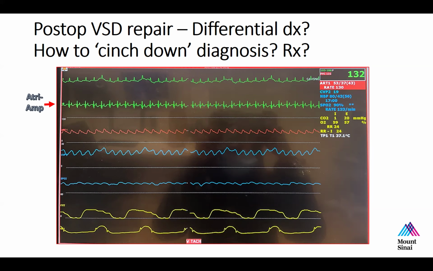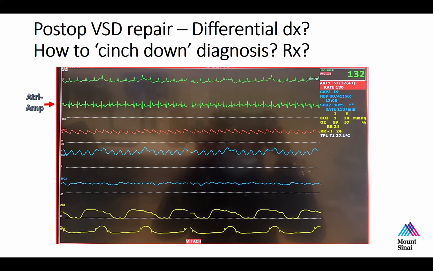And remember the primary rule of EP, that whatever is fastest wins. So you could pace at like 145, at a rate faster than the VT, and see if you can suppress it. And you would have AV synchrony, and you would potentially suppress it. Now, what we don't know in any individual patient is whether atrial pacing is going to make the patient better or worse.